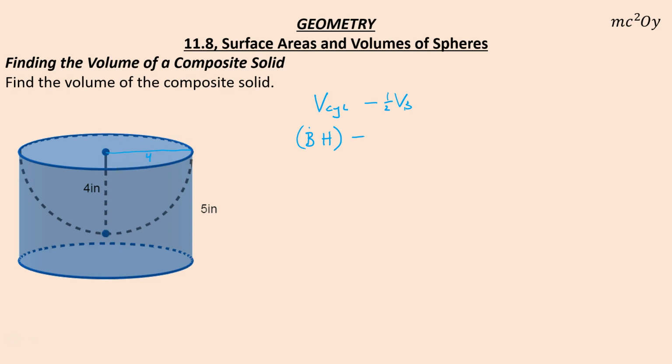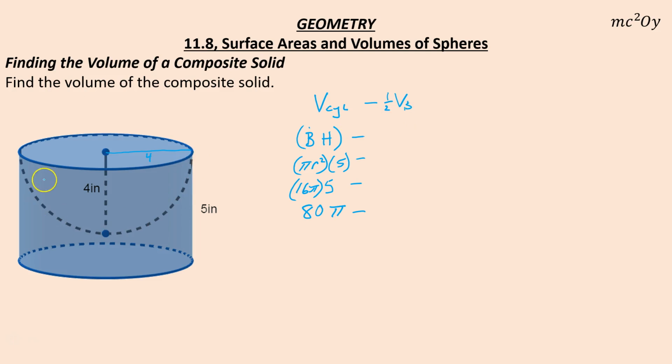So I'm going to say my area of my base is pi r squared times my height, which in this case is 5. And that's going to be 16 pi times 5, which is 80 pi. So I have 80 pi for volume of the cylinder, and I'm taking away 1/2 volume of the sphere.